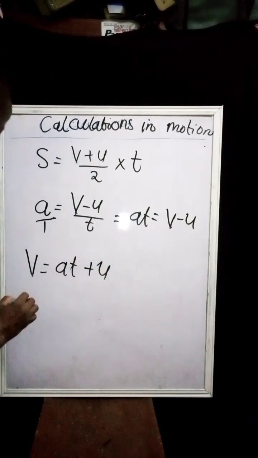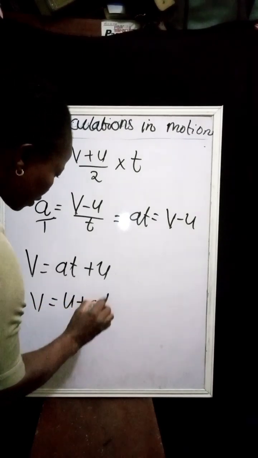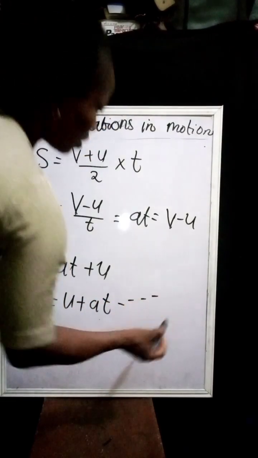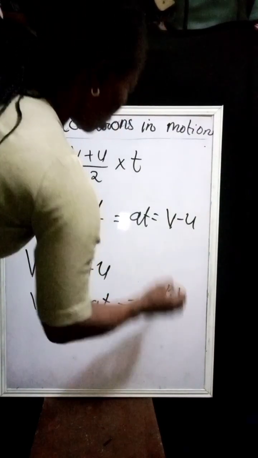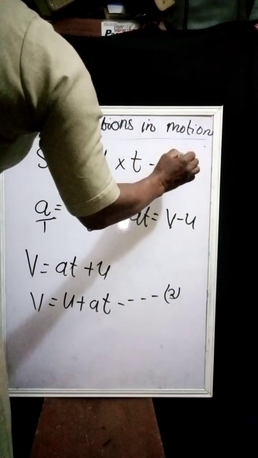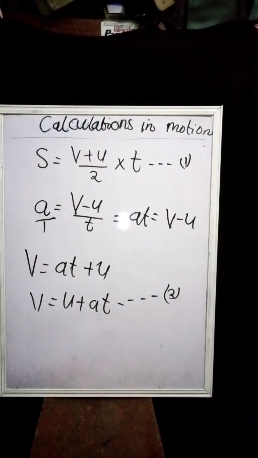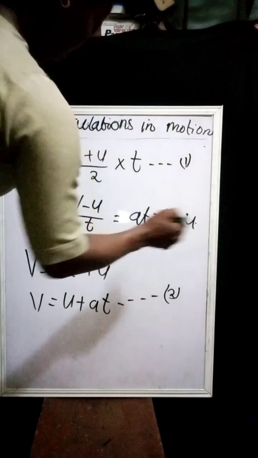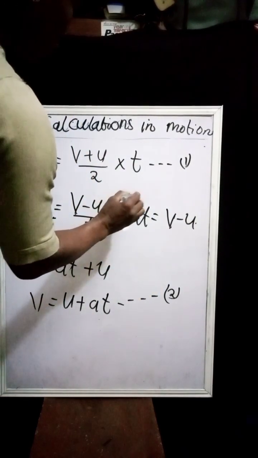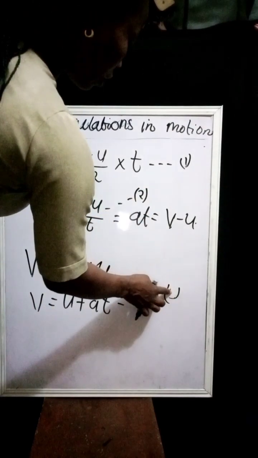In other words, we say that v is equal to u plus at, and this is equation 2, while this is equation 1, as we are deriving equations of motion. In fact, let's call this equation 2, so that this will be equation 3.